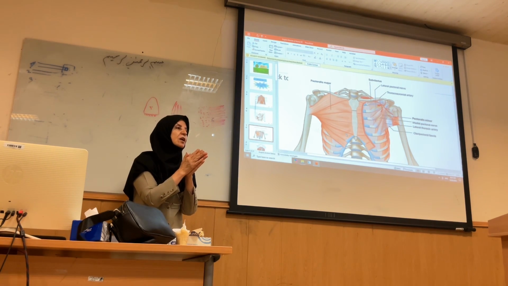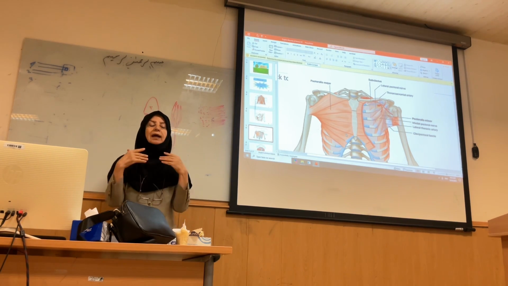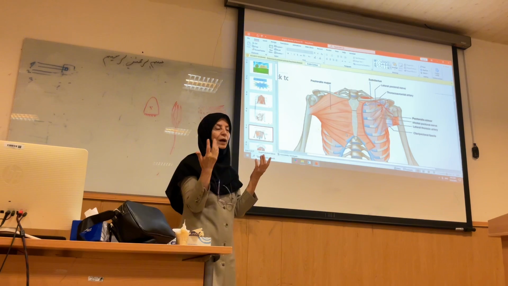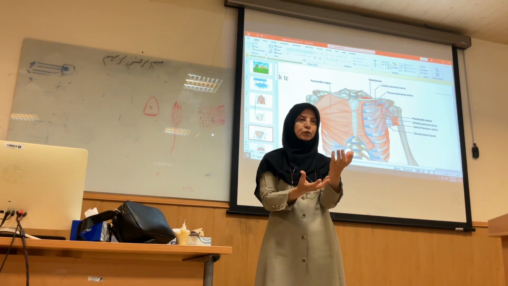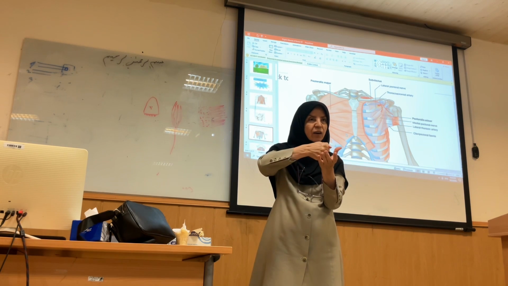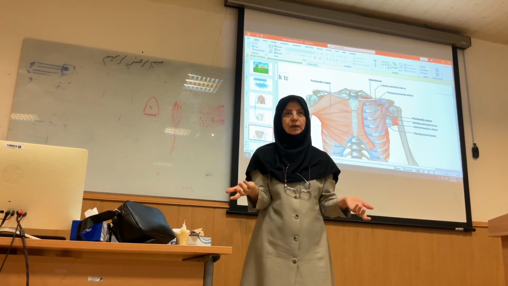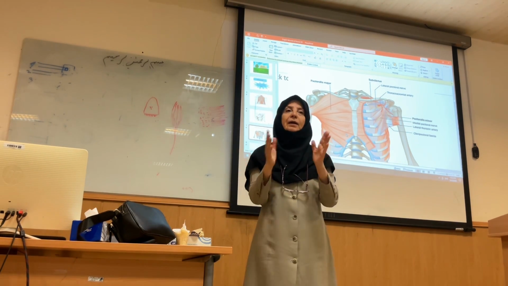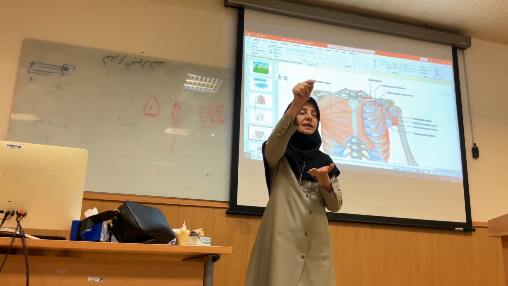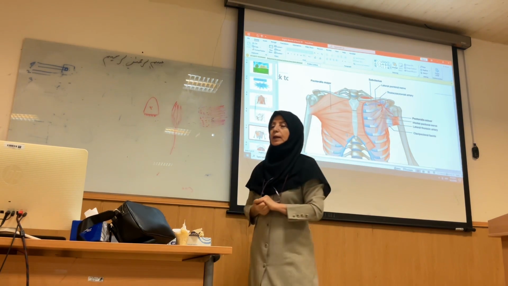The deep fascia is empty of fat. It is a dense connective tissue. I am sure that you have this experience. If you see meat in your food, a white layer of sheet you remove and then eat the meat. Okay, some persons who are not vegetarian remove this from the meat. This fascia is deep fascia, free of fat.